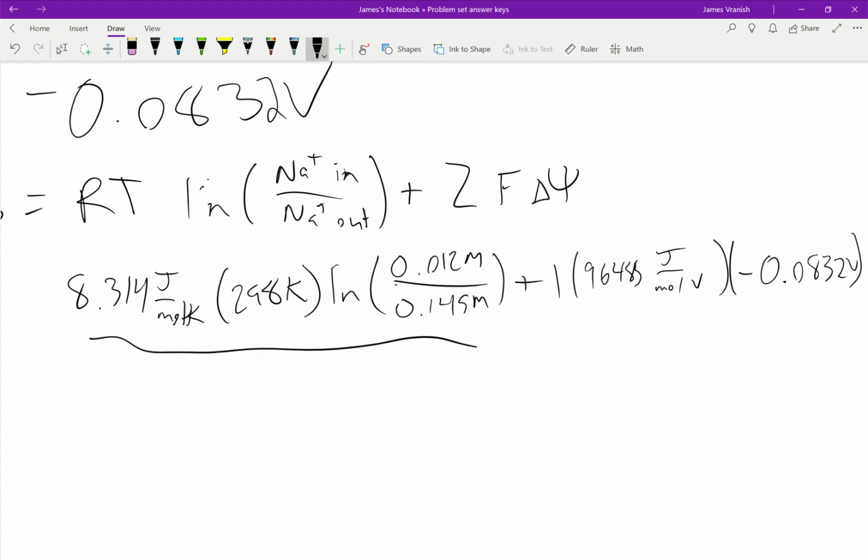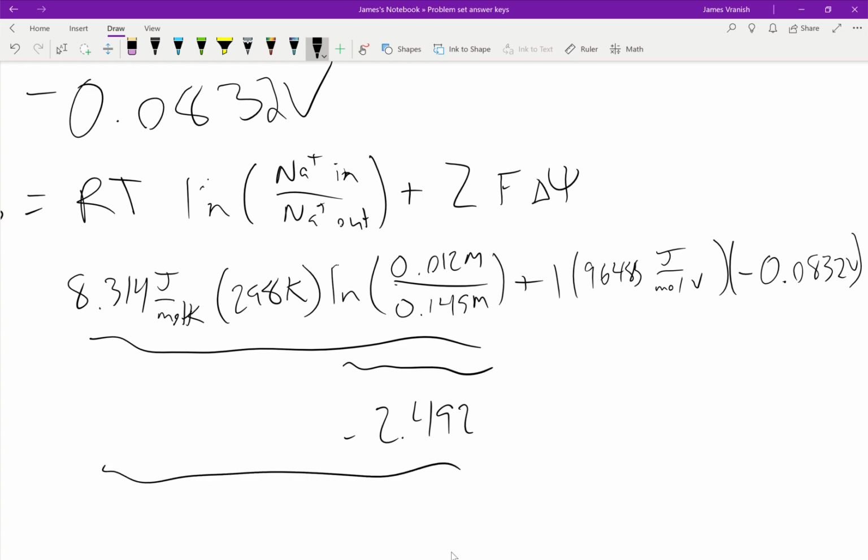All right, so we can go through and start calculating this now. So this whole part of the equation here, natural log of 0.012 divided by 0.145, this part here is going to give us negative 2.492 times 298 times 8.314.